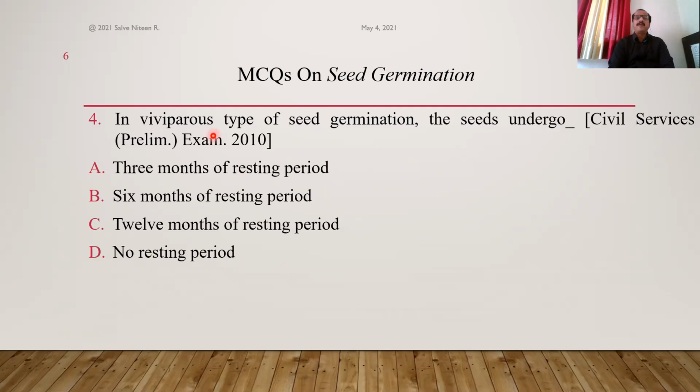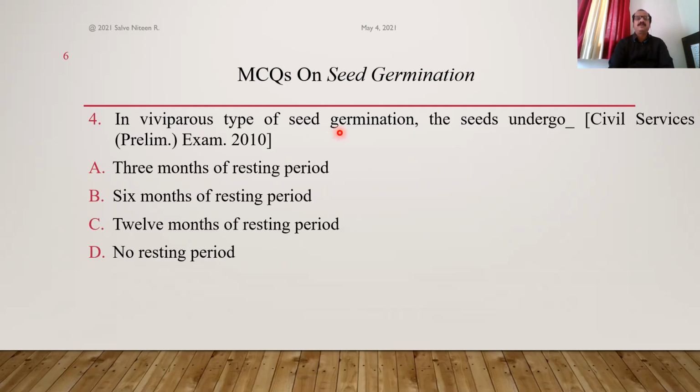Now, viviparous germination is an extreme stage of seed germination, or extreme seed dormancy, in which there is no seed dormancy at all. Seeds germinate immediately, even when they are still attached to the mother plant.